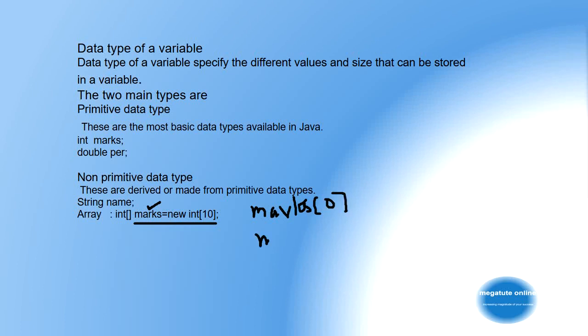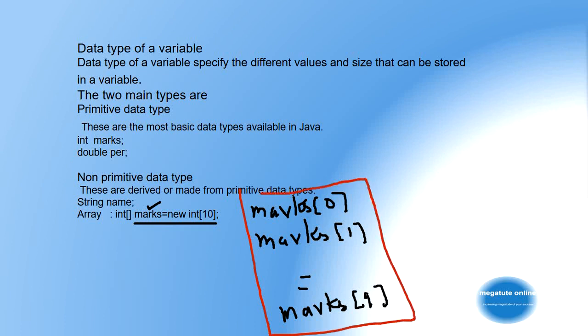So the 10 variables which are going to be created by this statement have the names marks 1, marks 2, and so on till marks 9, which will be the last element of that group. So if you observe over here, this group is created by the user. The programmer has created an array, which actually created this group, and all the members of this group belong to the integer.